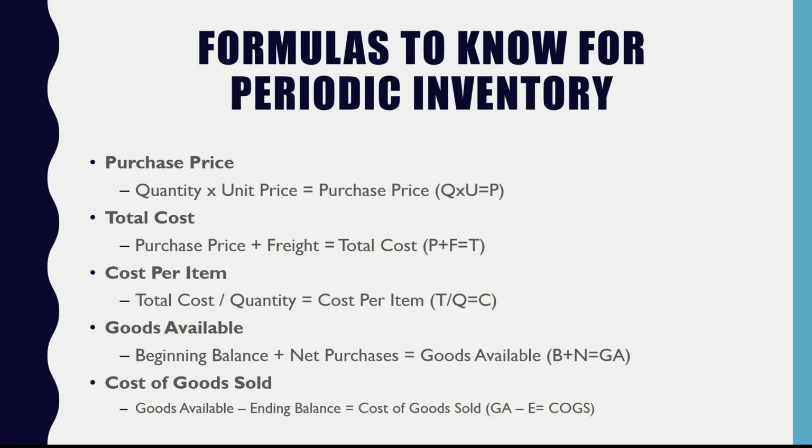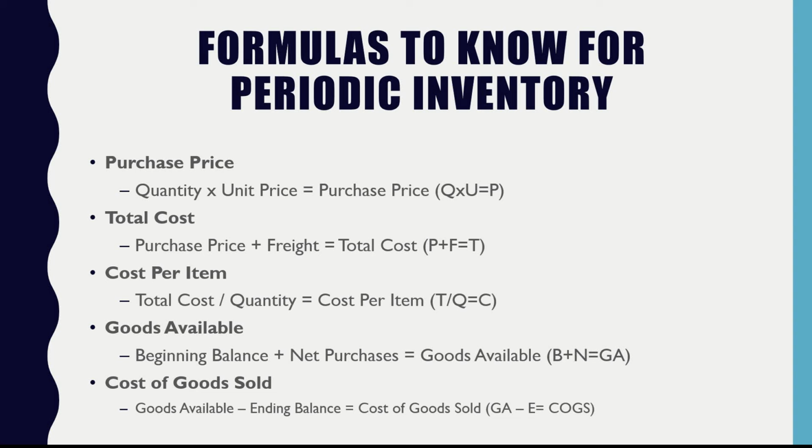So you could think about it when you purchase items at the store. If you purchase a shirt and then you add tax to it, the total cost is going to be your purchase price plus your tax, and that's going to be your cost per item.